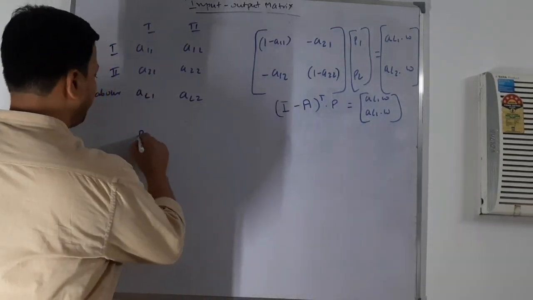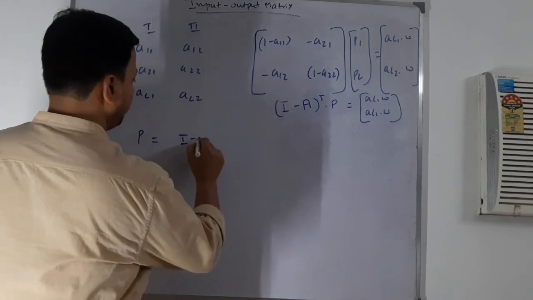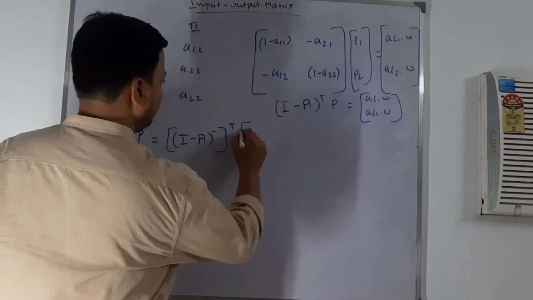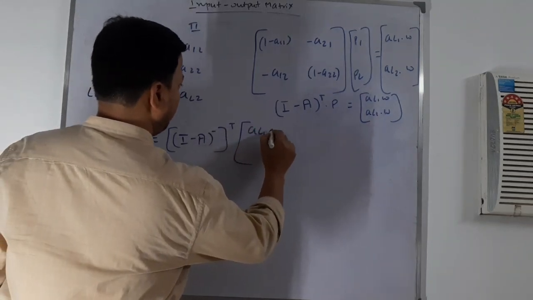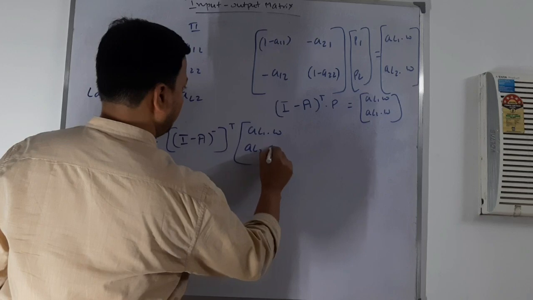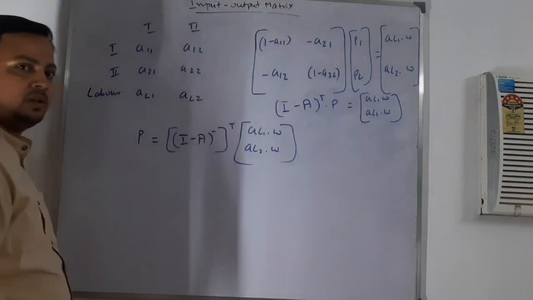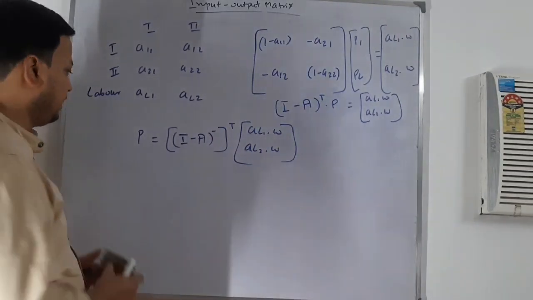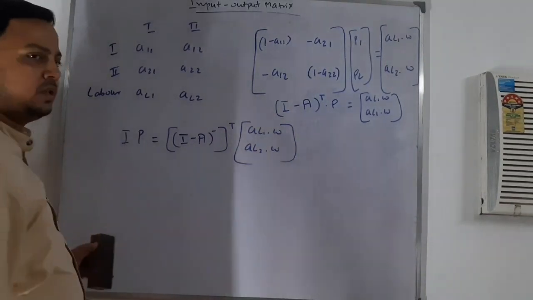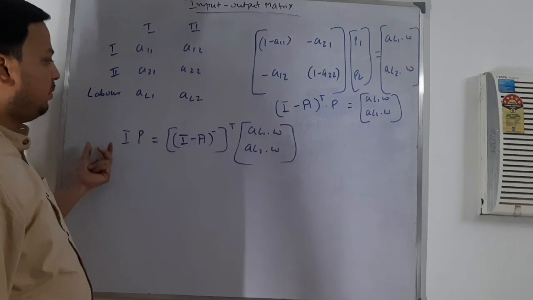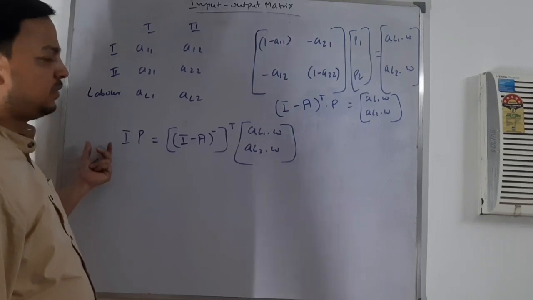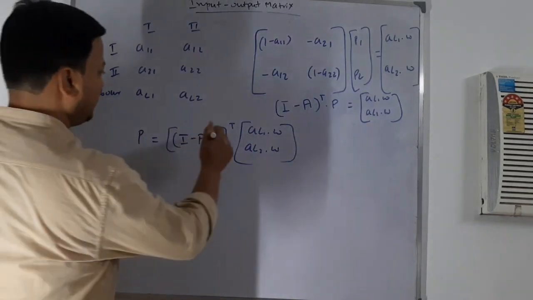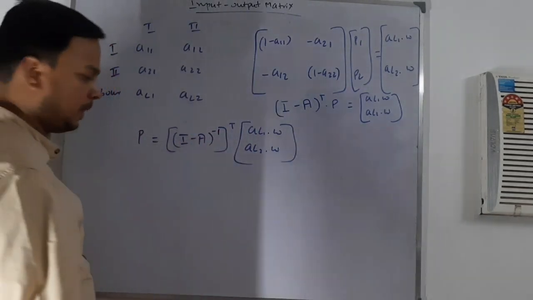So price will be equal to I minus A inverse transpose into AN1 into W, AN2 into W. Because A into A inverse, or A inverse into A, equals the identity matrix. So here we will get the identity matrix if we pre-multiply by I minus A inverse transpose, of course.